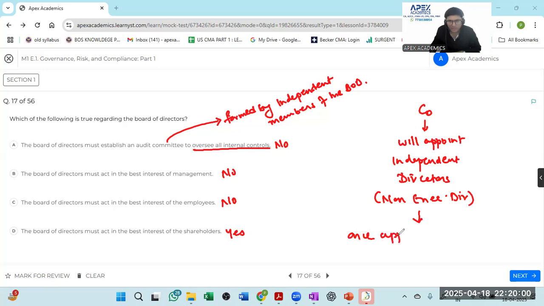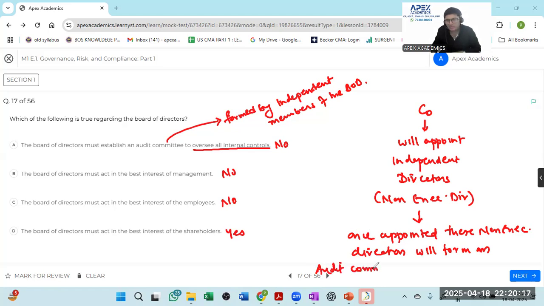Sir, once appointed, these non-executive directors will form an audit committee amongst themselves. What will they do? They will form an audit committee amongst themselves. Agreed or disagreed? Please tell me that. Therefore, the board of directors must establish an audit committee is wrong.